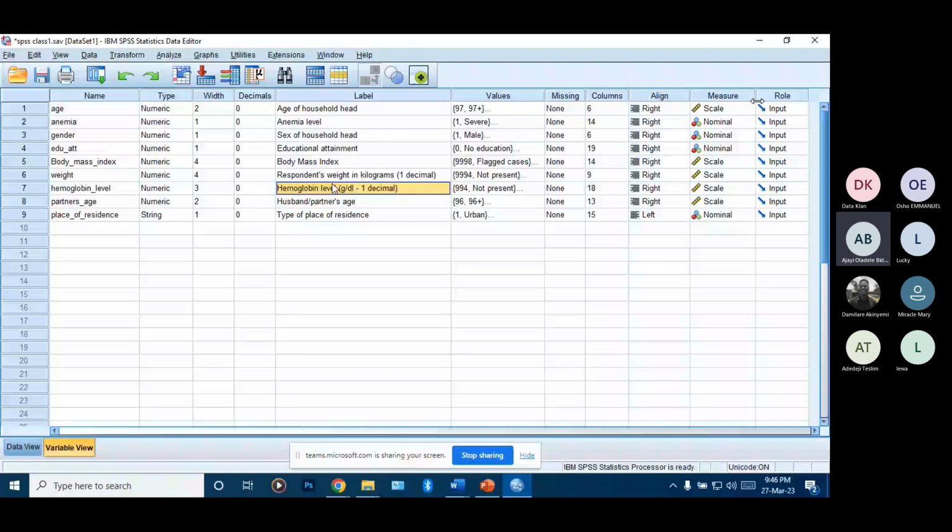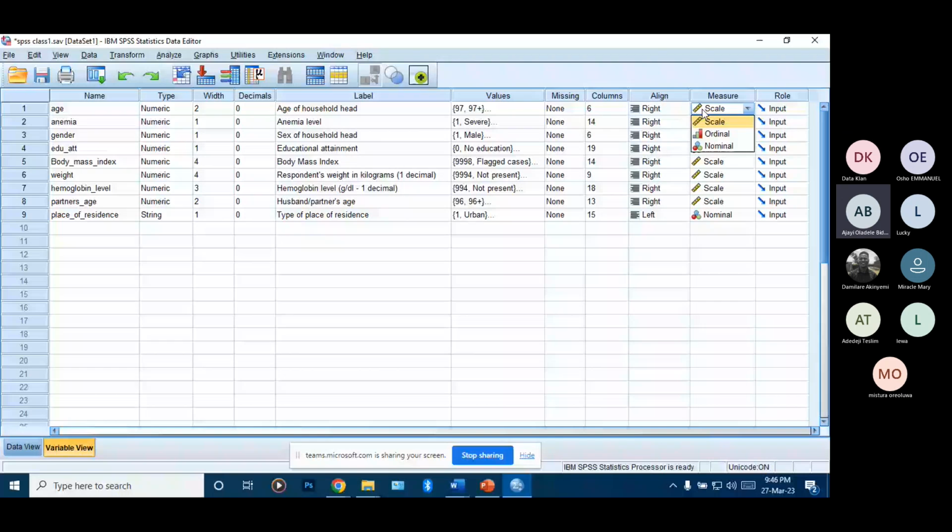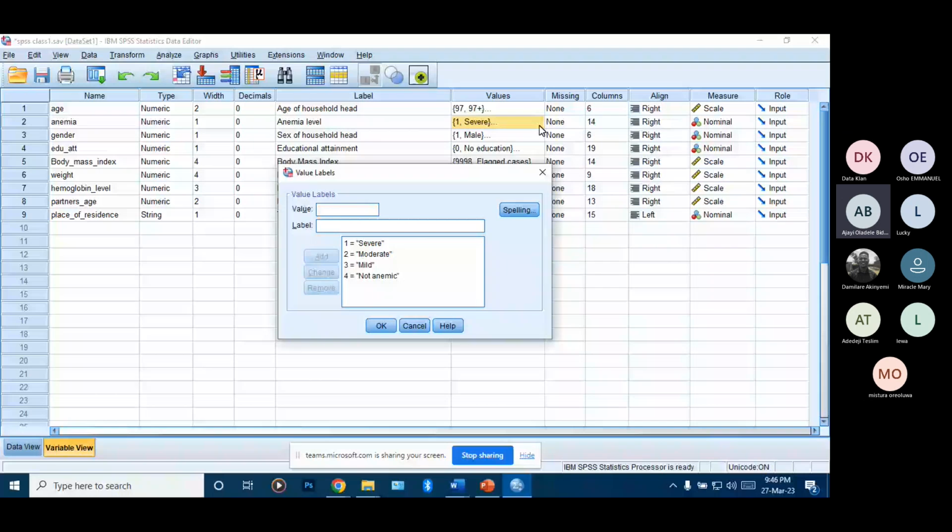The age here is measured on a continuous scale, and that is why it is continuous here. The anemia level has 4 levels: severe, moderate, mild, and not anemic. It is categorical data, definitely.